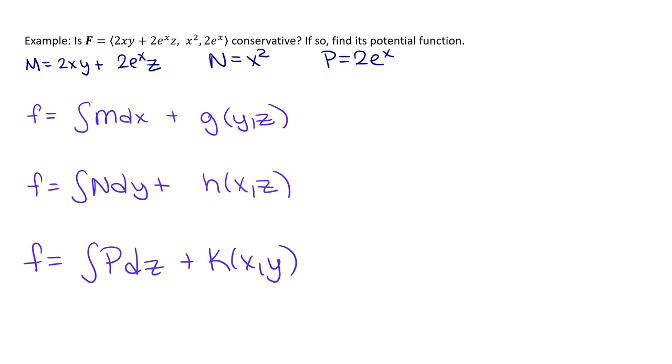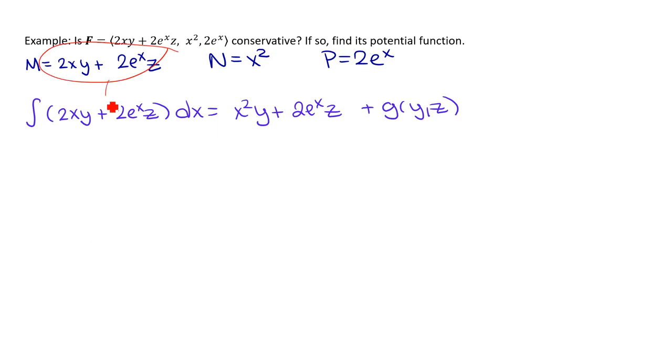I'm going to integrate this m with respect to x, and then the potential function could have other terms with y's and z's. And then I'm going to integrate the n with respect to y, but keeping in mind that my potential function might have other terms with x's and z's. And then finally, I'll integrate my p with respect to z. Again, keeping in mind that any terms with just x's and y's will not appear.